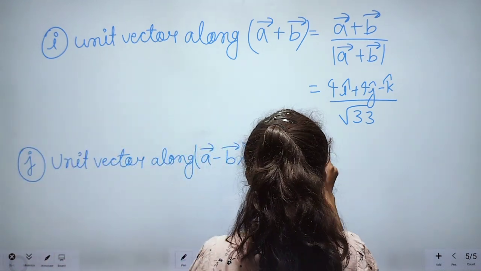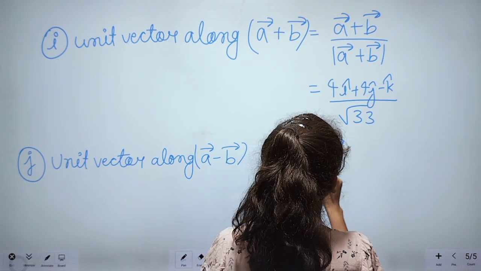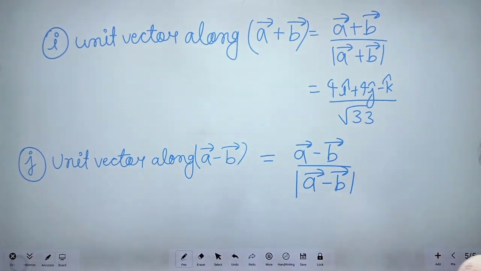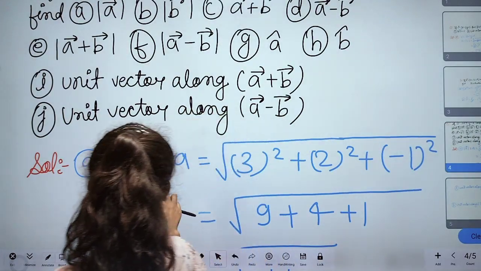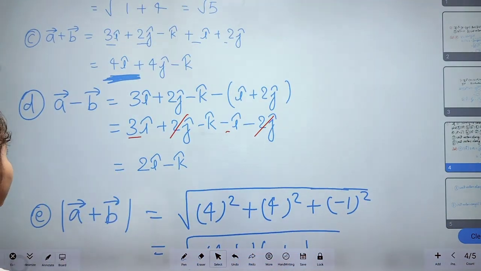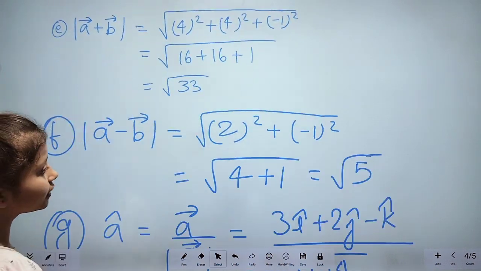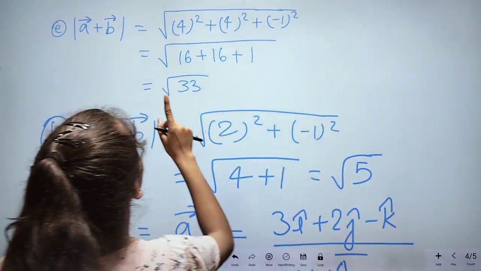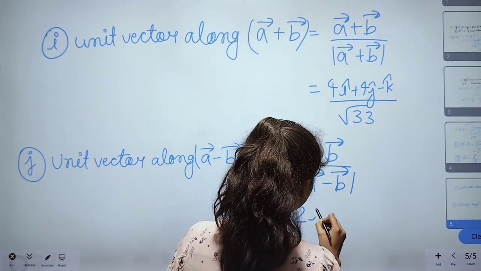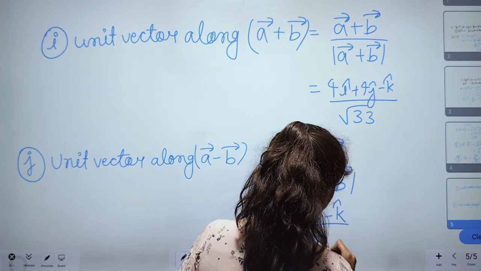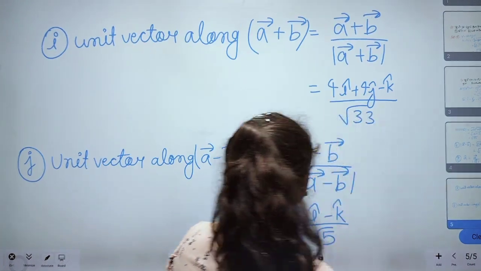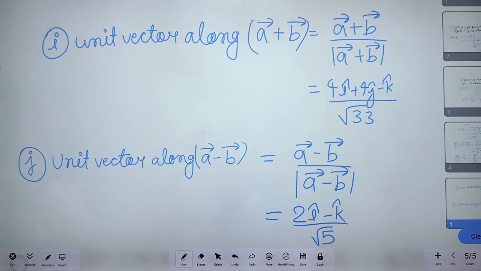That is equal to A vector minus B vector by magnitude of A vector minus B vector. So A vector minus B vector is 2i cap minus k cap, and magnitude of A vector minus B vector is root 5. Equal to 2i cap minus k cap by root 5. Yes, so this is the answer of this question.